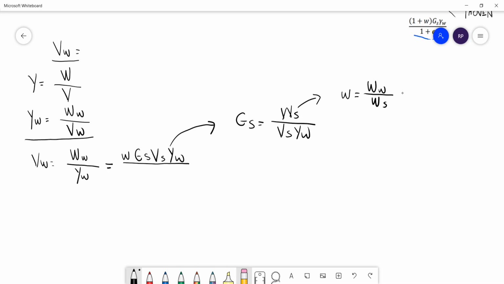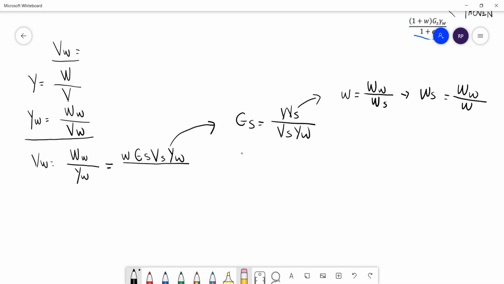Okay, so we will have ito, that is WS is equal to WW all over small w. Yan, okay? Then balik tayo dito.